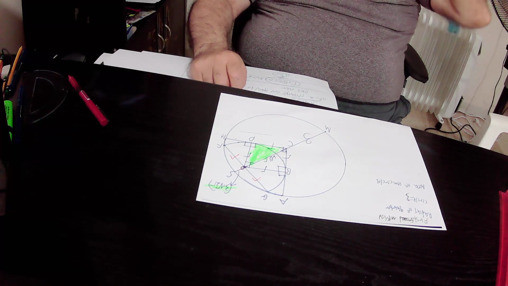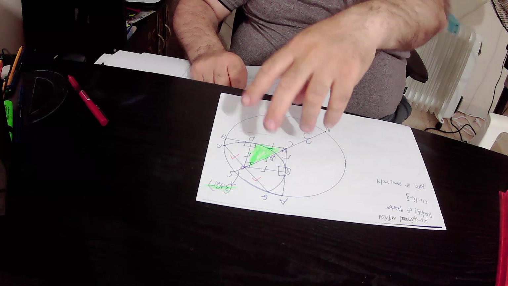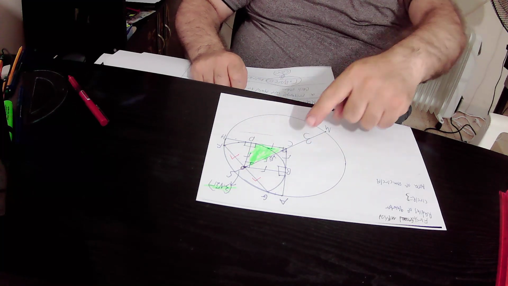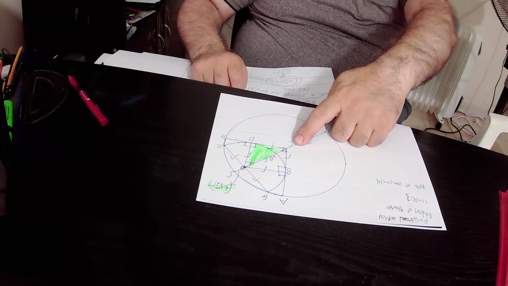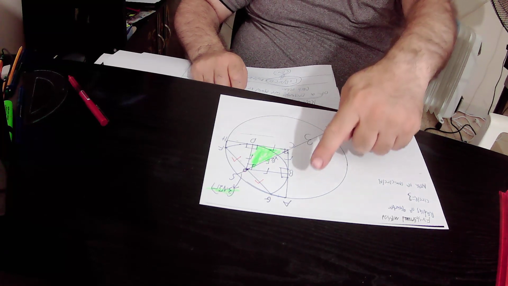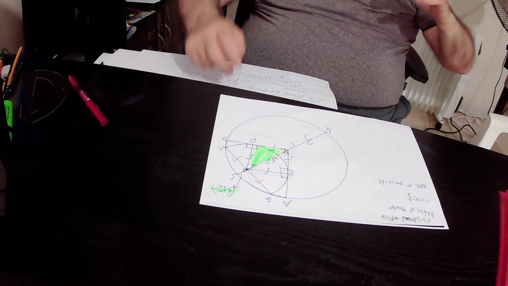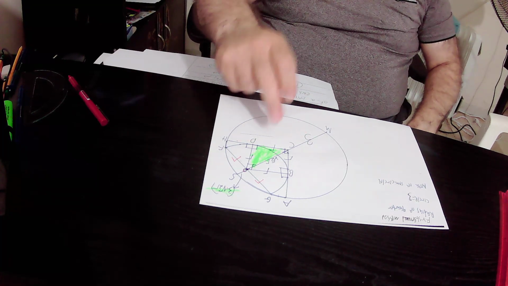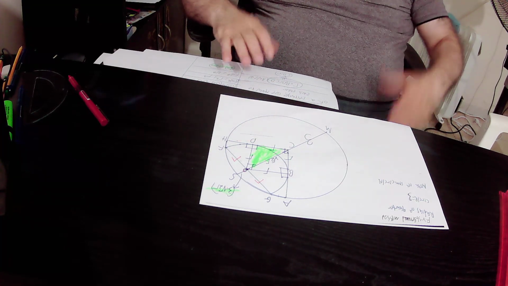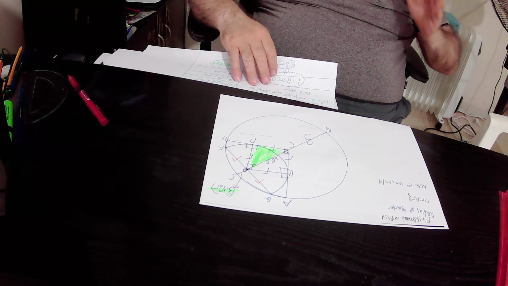Okay, and here, because AC edge is a quarter circle, point C must be the center of the quarter circle, and angle AC edge must be equal to 90 degrees. So in quadrilateral OBCD we have 3 right angles, and the sum of 3 right angles is 90 times 3, which is 270 degrees.